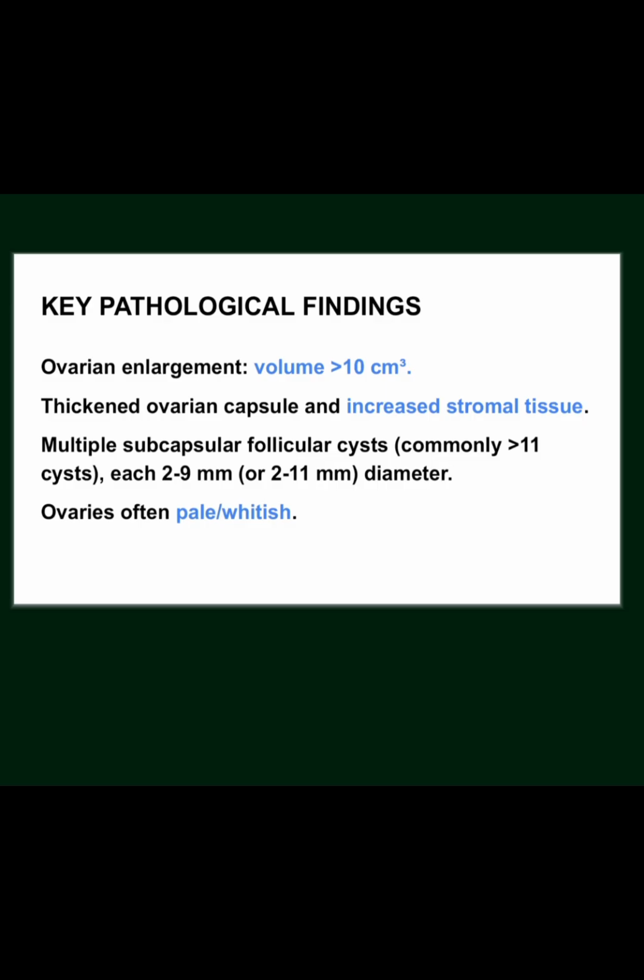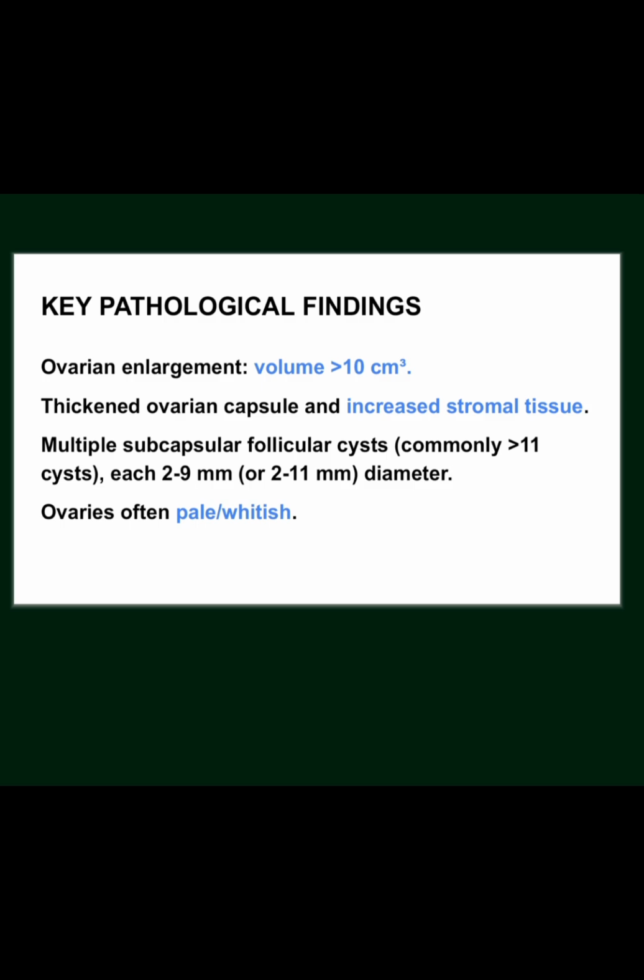You see ovarian enlargement greater than 10 cubic centimeters, thickened ovarian capsules, increased stromal tissue, and multiple subcapsular follicular cysts, which are commonly greater than 11 cysts, each 2 to 9 millimeters in diameter, and the ovaries are often pale and whitish.